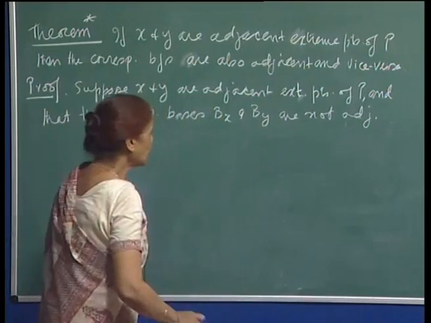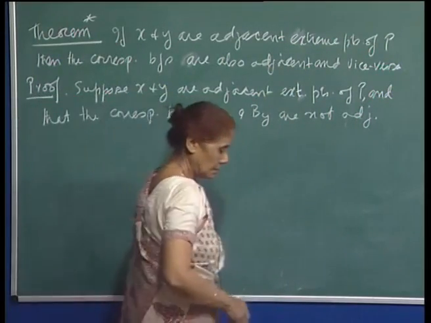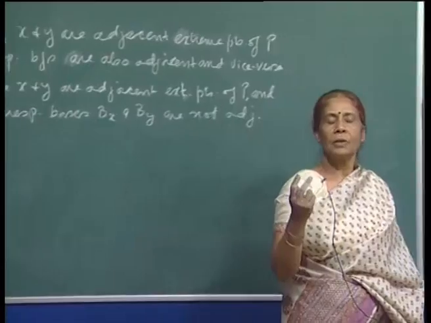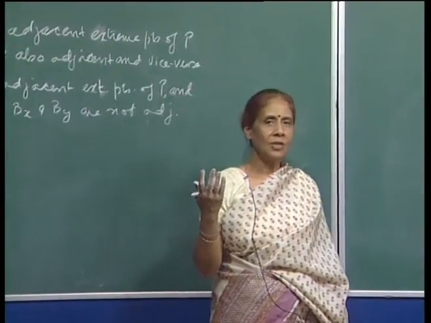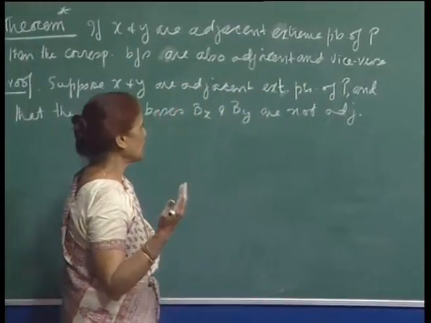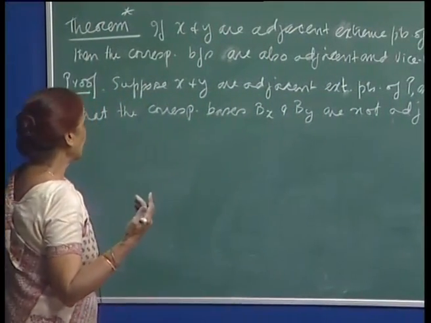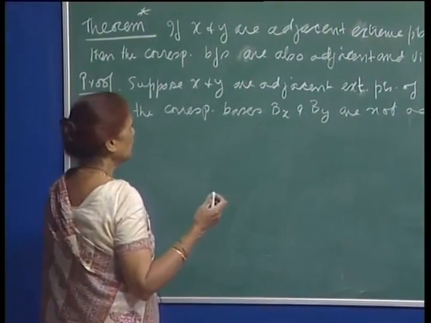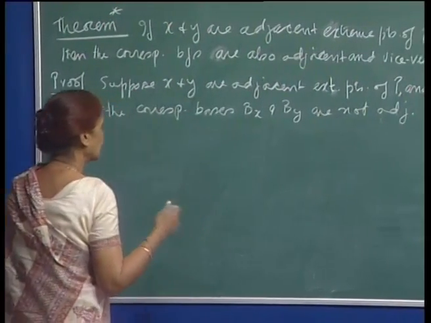That means Bx and By differ in at least two columns, because remember the adjacency concept said that Bx and By must differ in only one column.